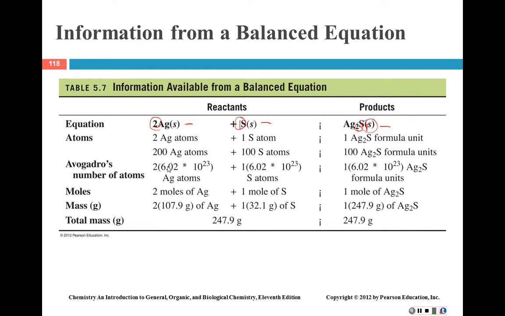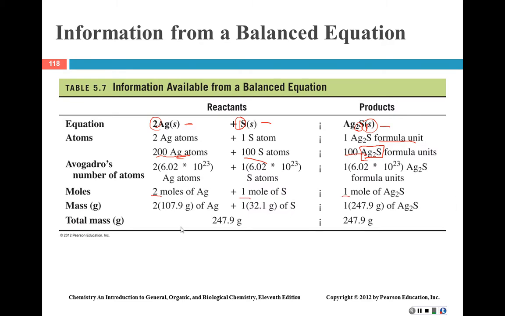So 2 silver atoms and 1 sulfur atom give us a formula unit of Ag2S. If we had 200 silver atoms and 100 sulfur atoms, we would have 100 Ag2S. Avogadro's number still comes into play. Moles are still 2 moles of silver, 1 mole of sulfur, give us 1 mole of silver sulfide.